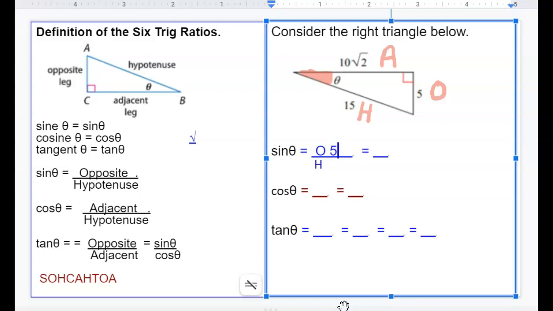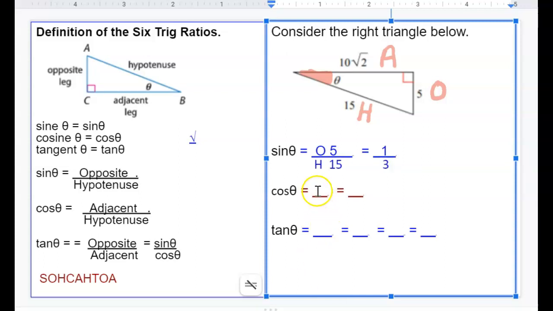Our opposite side is 5, and the hypotenuse is 15. So that will be 5 over 15. But you cannot leave your answer as 5 over 15, because 5 can go into 15. 5 goes into 5 one time. 5 goes into 15 three times. So that will be 1/3.